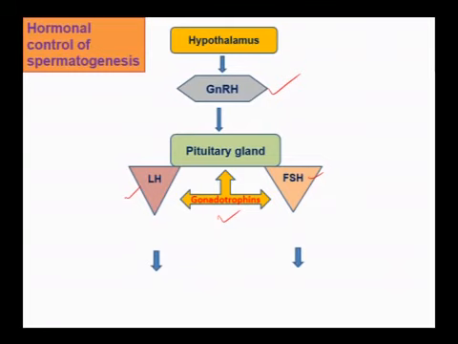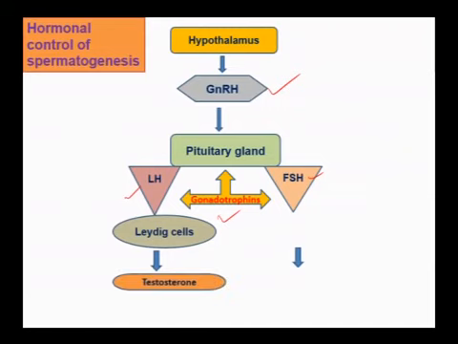So what is the significance of LH? LH acts on the interstitial cells of the testis known as Leydig cells, and induces Leydig cells to secrete testosterone, and this testosterone is responsible for the process of spermatogenesis to occur.